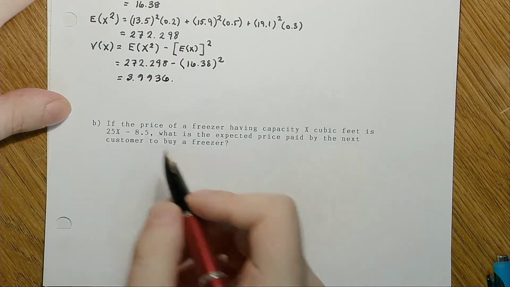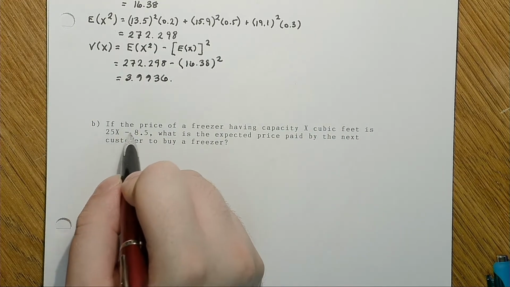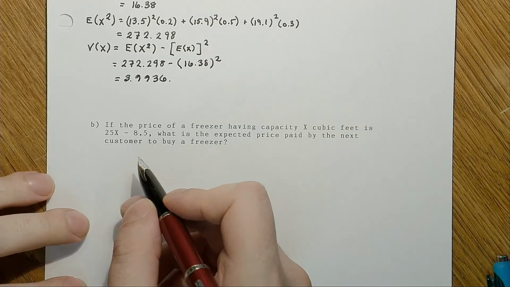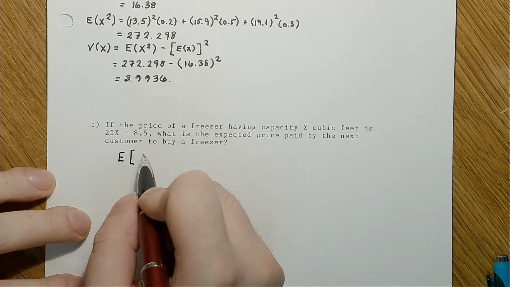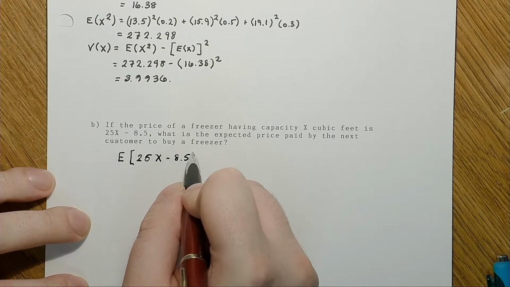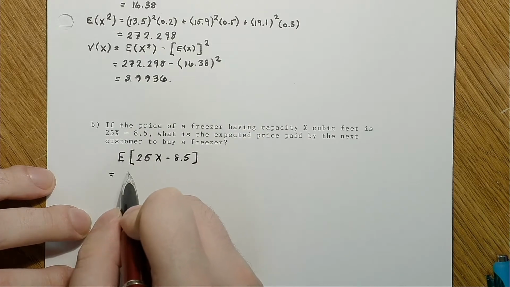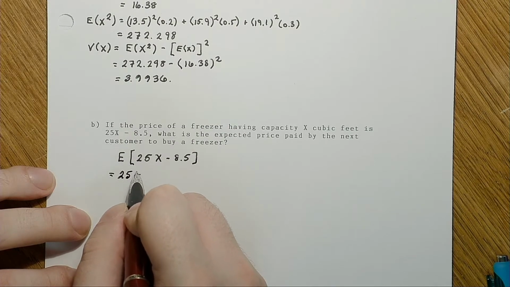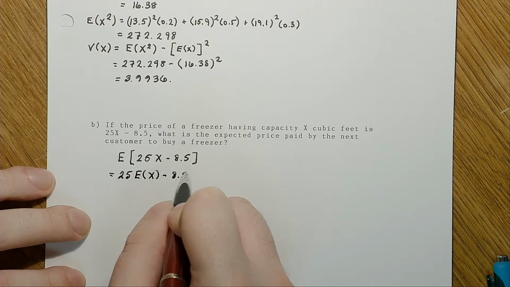Okay, the next thing is if the price of a freezer having capacity x cubic feet is 25x minus 8.5, what is the expected price paid by the next customer to buy a freezer? So what they're asking for is the expected value of 25x minus 8.5. Using our rules, I get 25 times E of x minus 8.5.